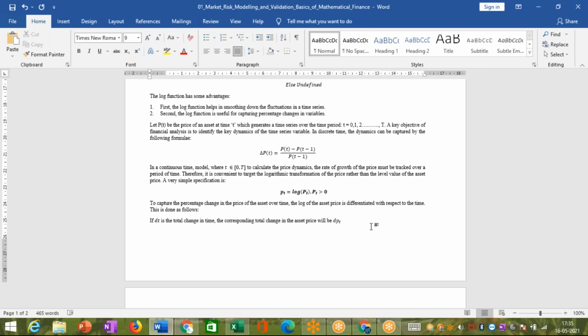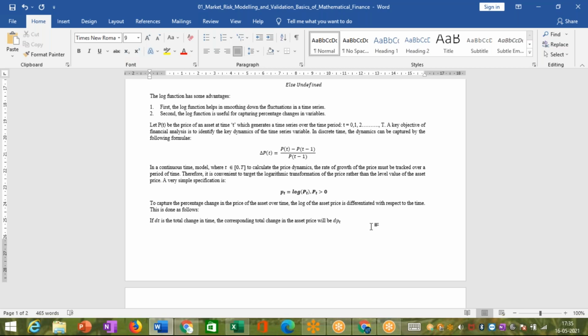Right. Now, the next question: what is this dpt? dpt is the total change in the asset price.